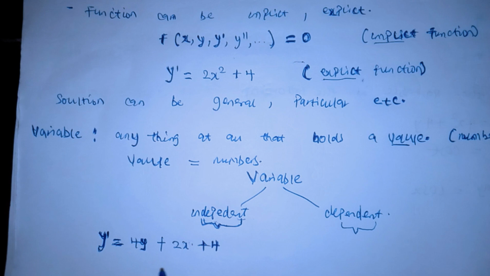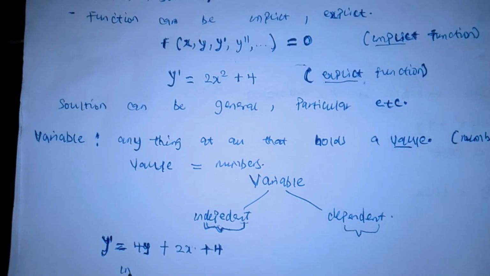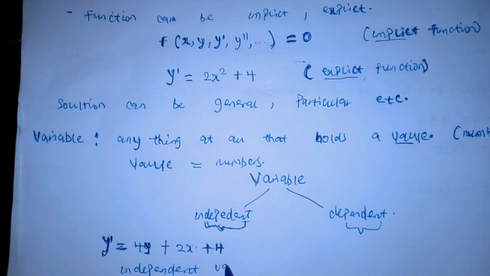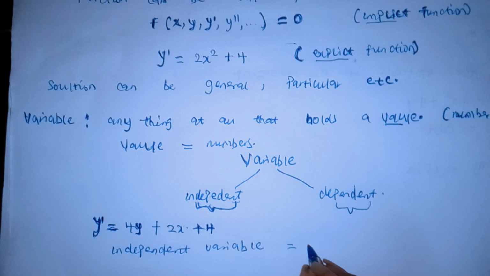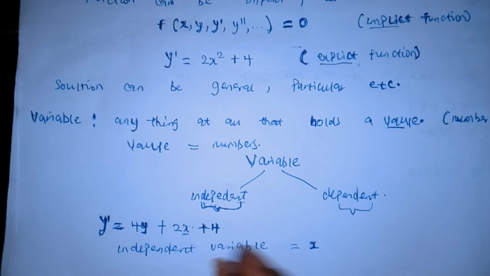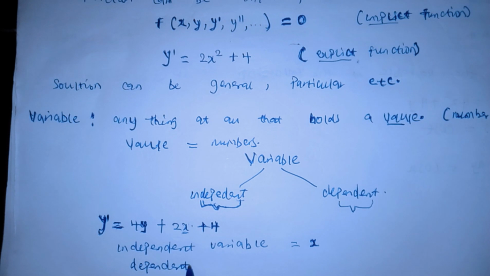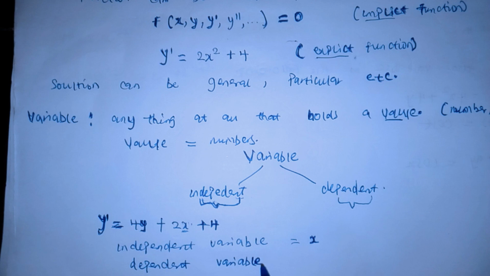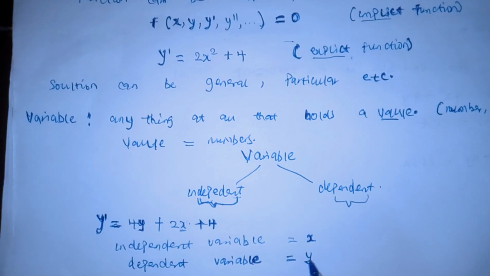And in this question right here, the independent variable is x, because it can live on its own. But the dependent variable, what x expresses to, is y.